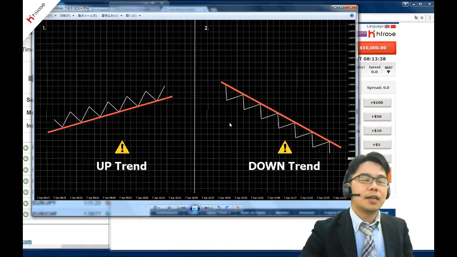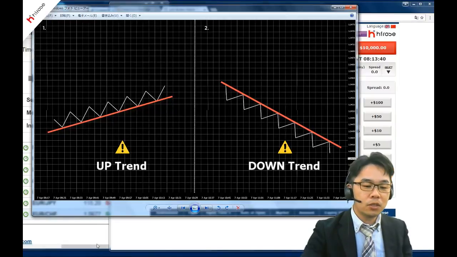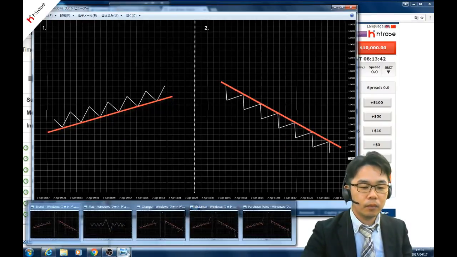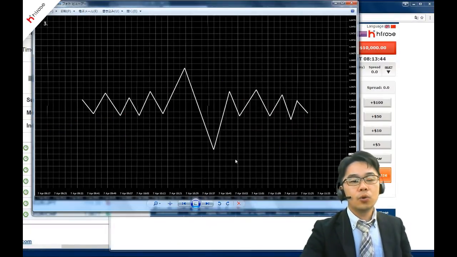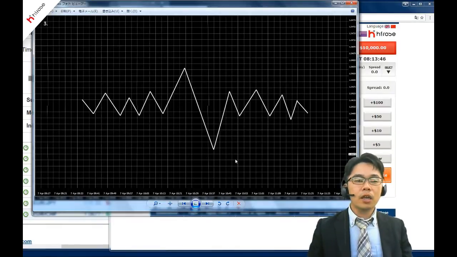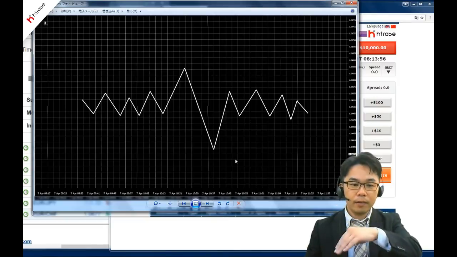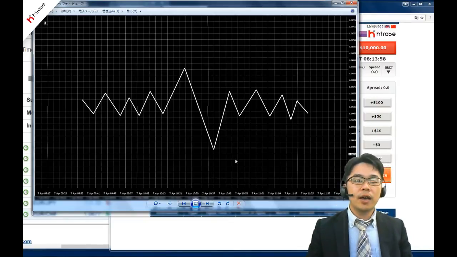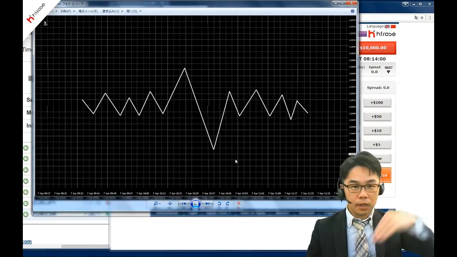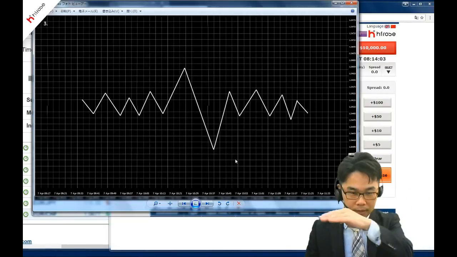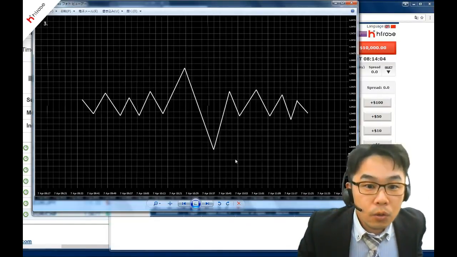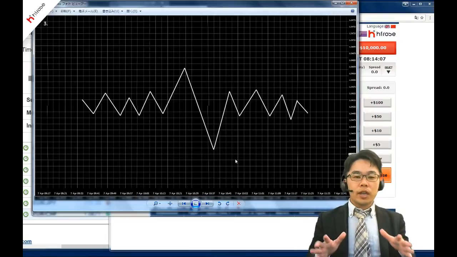Let's move on to the next picture. This one, the market can move flat. It's going neither up nor down, but just moving flat. So we have up, down, or flat.